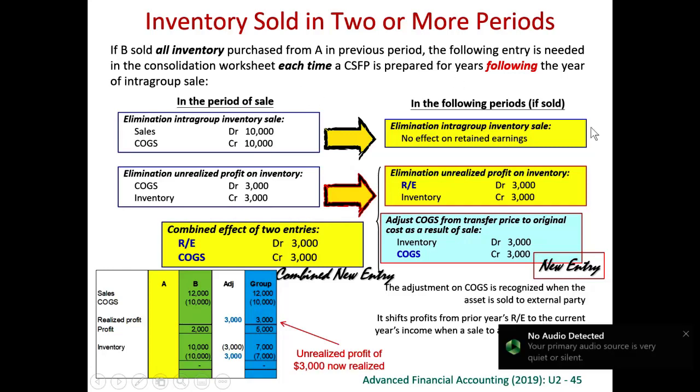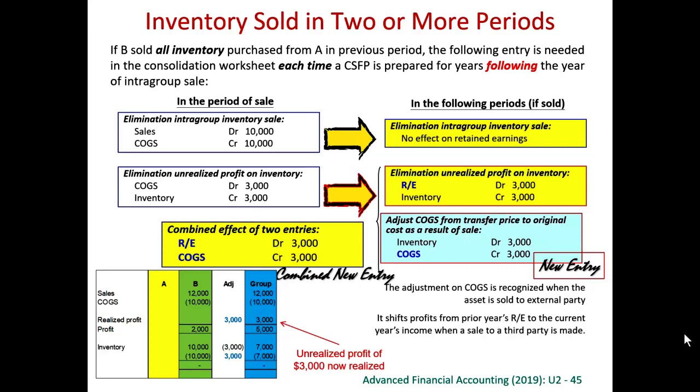Now, what happens if there is a sale of the inventory before the end of this year? Again, I don't need to repeat the first journal entry, because I don't need to debit retained earnings and credit retained earnings. For the second one, if I simply repeat this journal entry, I will debit retained earnings and credit inventory.